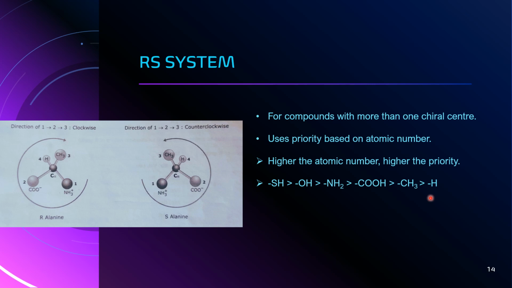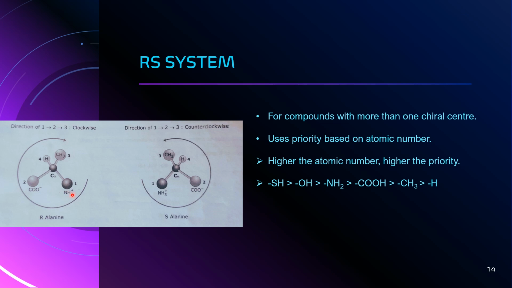So in the RS system, first of all, we align the compounds according to their priority, or we mark the priority. See here in the case of alanine, this is the basic structure of alanine, NH3+. So the first priority is given to NH3+ because the first atom is N, that is 7, and here it is COO minus and a CH3.